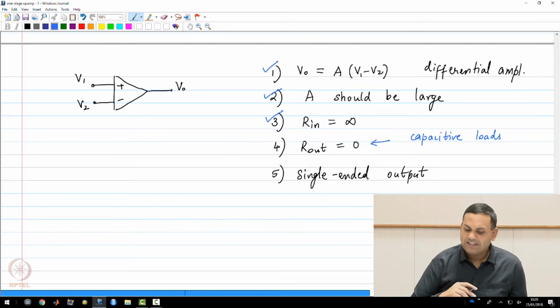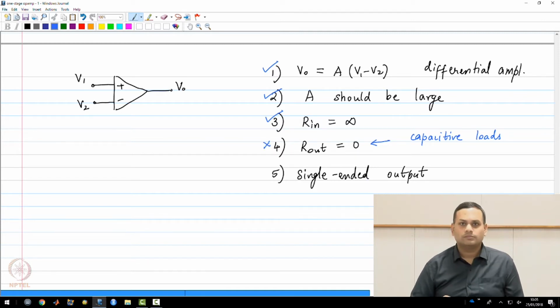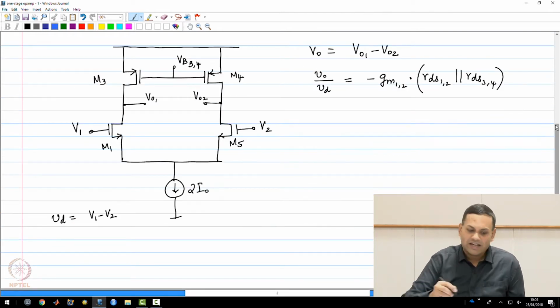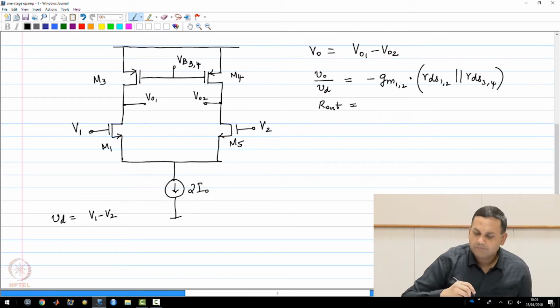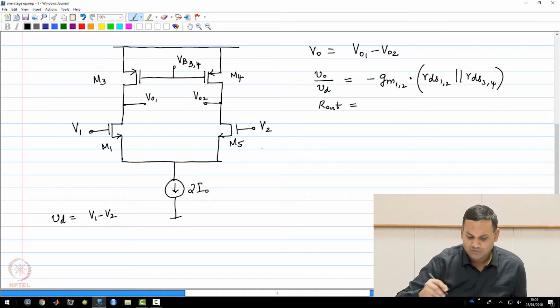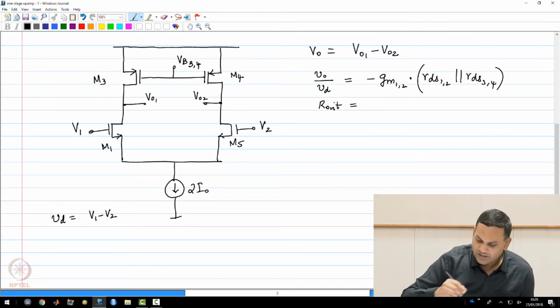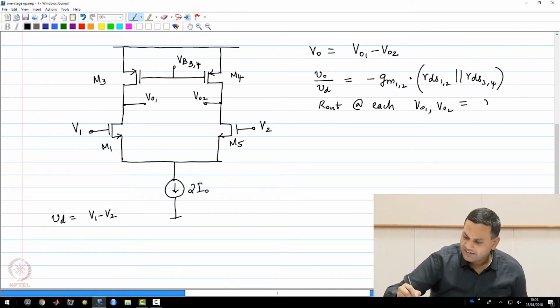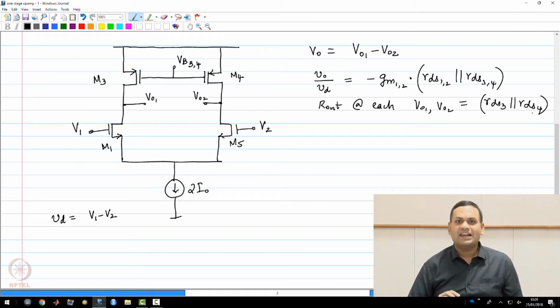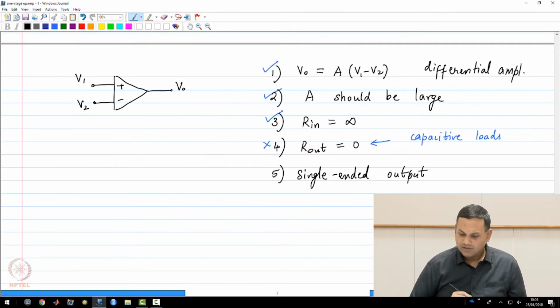Therefore, we will give up on number 4. As you can see, the circuit that we have come up with happens to have very large output resistance, and that is the reason why we are going to give up the output resistance condition. The output resistance at each node is clearly rds3 parallel rds4. This is actually a large output resistance.